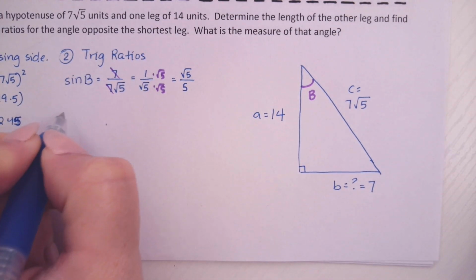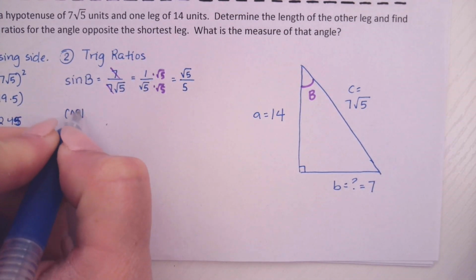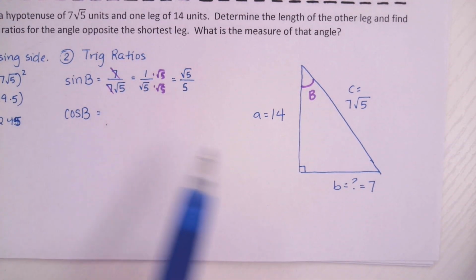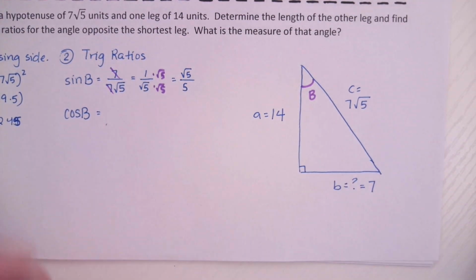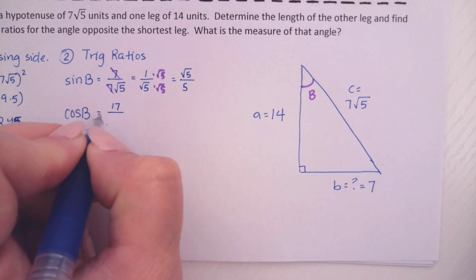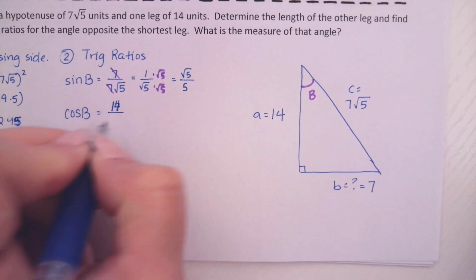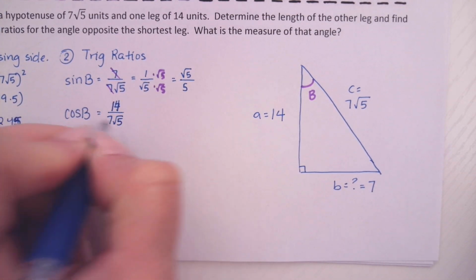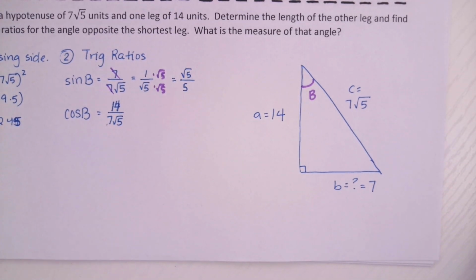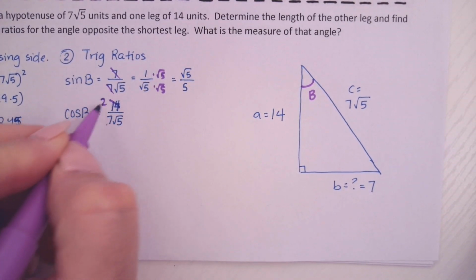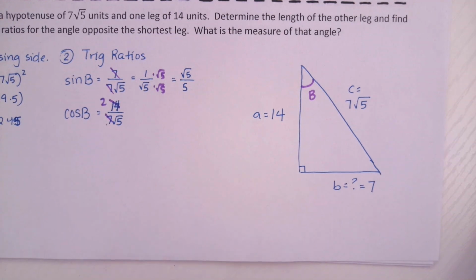All right, so then next step, cosine of B. Cosine of B would be adjacent over hypotenuse. Yep. 14 over 7 root 5, which can simplify a little, my 14 over 7. So that would leave me with 2 over root 5.